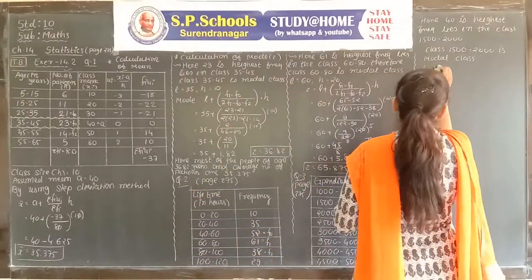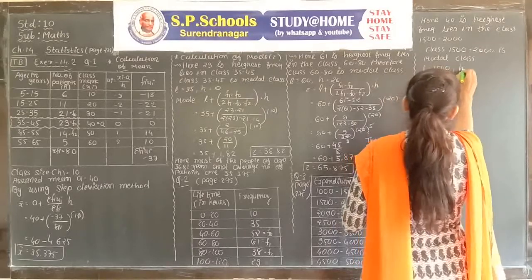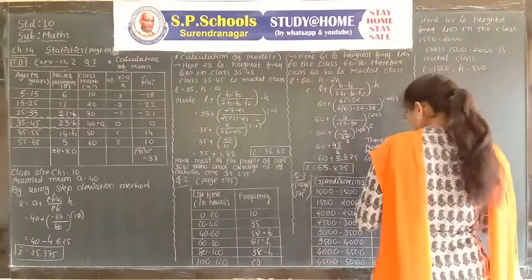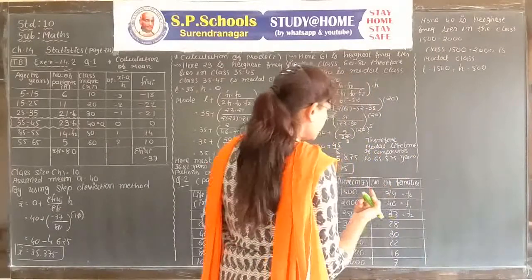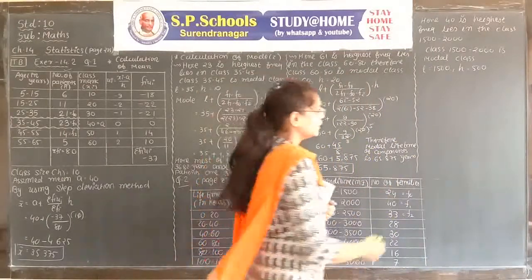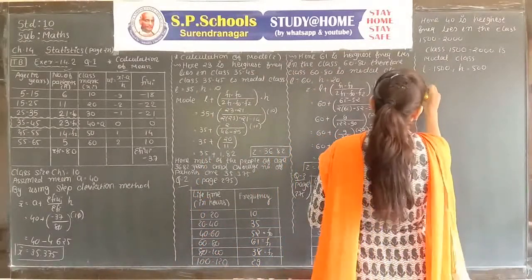L, the lower limit of the modal class, is 1500, and the class size H is equal to 500. Now F0, F1 and F2 are in the table. Now we are using the formula.